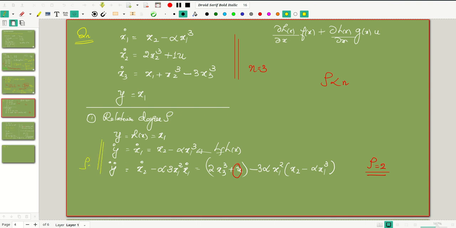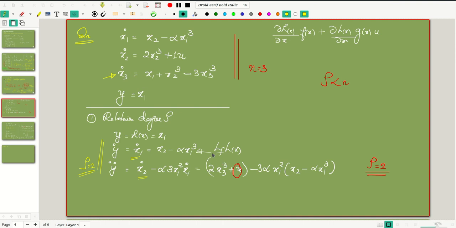So we came up to rho equal to 2. When we came up to rho equal to 2, we also came up to z, the x2 dot, in the derivative. So what was left over was the x3 dot derivative, whose dynamics has not been included here. The x3 term is there, but its dynamics has not been included.